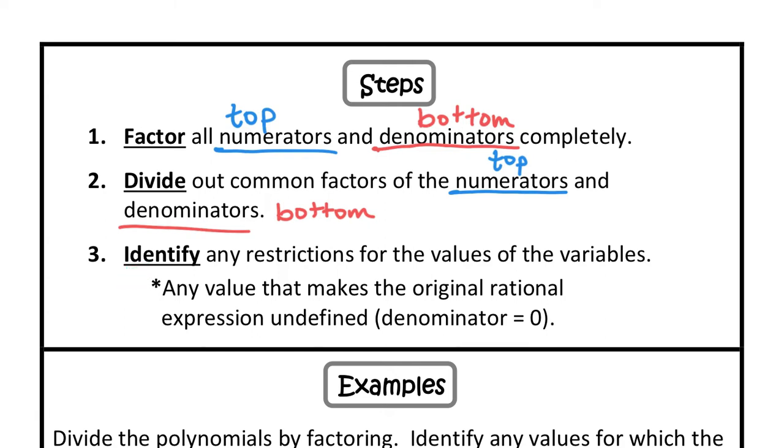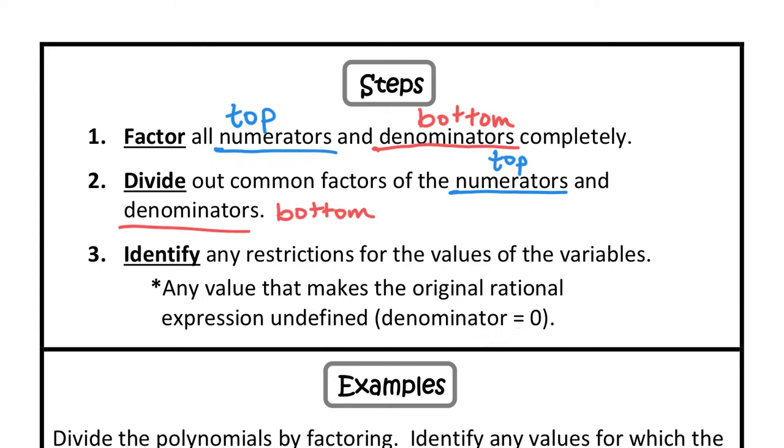And then step 3, identify any restrictions for the values of the variables. Restrictions are any value that makes the original rational expression undefined, so any value that makes the denominator equal to 0.